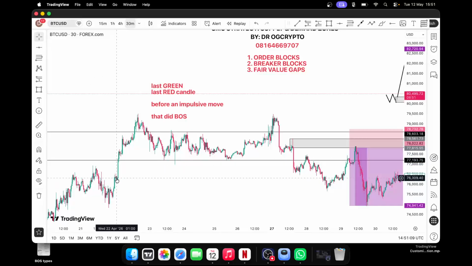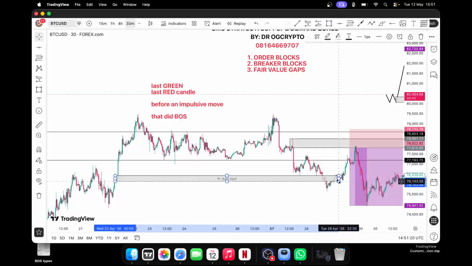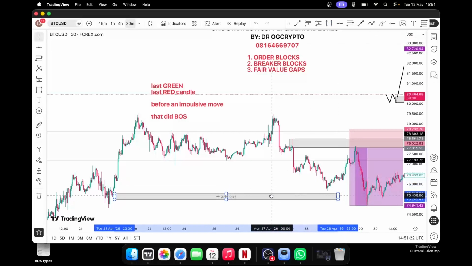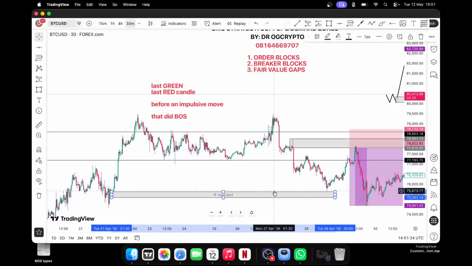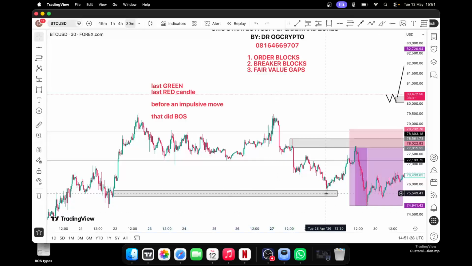So I can refer to this place as an order block, and I will mark it out with a rectangle. Can you see what happened? The market actually respected it. Can you see that the market came back to respect it, to pick up the orders, and the market went up? Do you get it now?